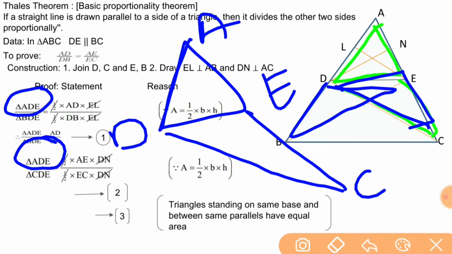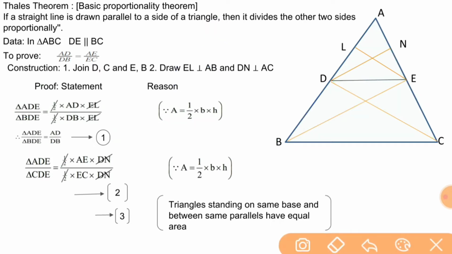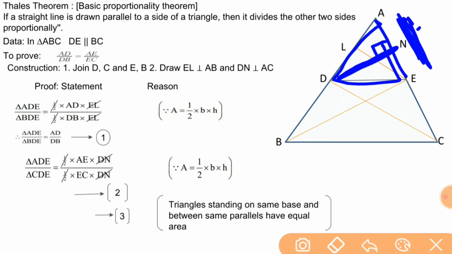Now we have applied the area of a triangle. For which triangle? The upper triangle ADE. For this triangle, I am going to take the base AE. What is the height? It is this, why? Because we have taken a perpendicular line. So the base is AE and the height is DN.